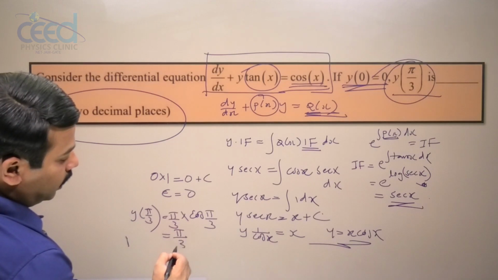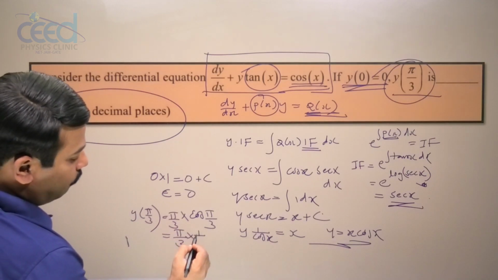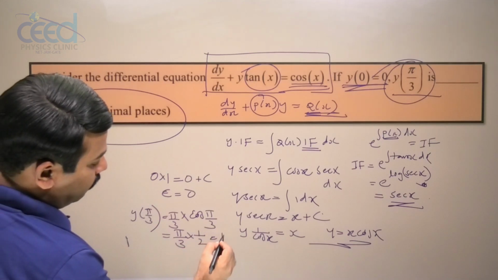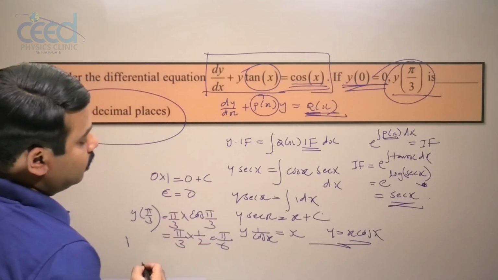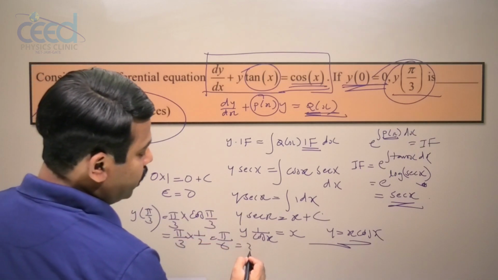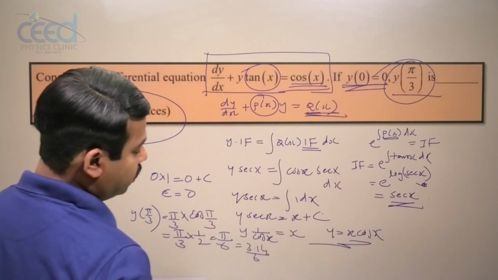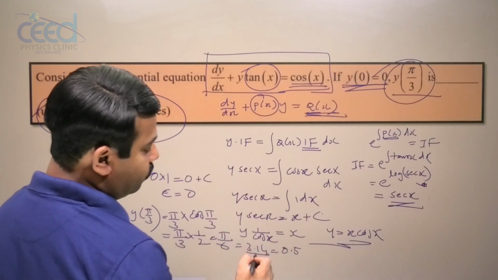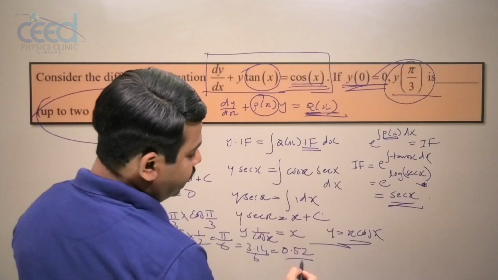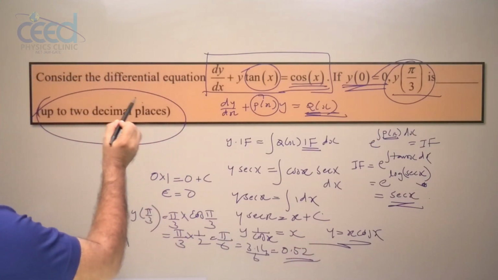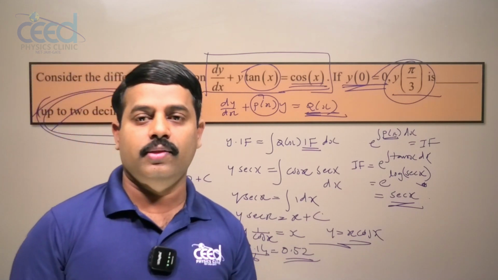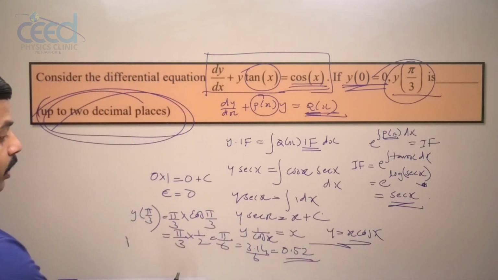So pi by 3 into 1 by 2 is pi by 6, the answer. Pi by 6 is 3.14 divided by 6, that is about 0.52. You have to write up to 2 decimal places, so 0.52 is the answer, right, alright.